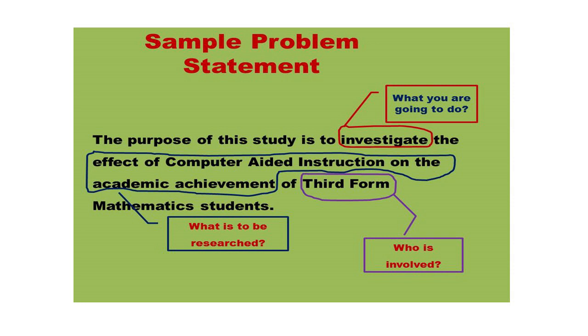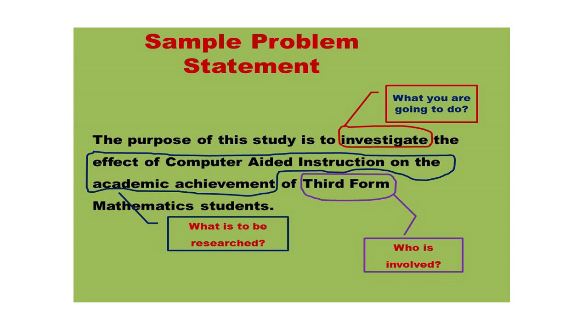Let me just read this clearly for you. The purpose of this study is to investigate the effect of computer-aided instruction on the academic achievement of third form mathematics students. So in the word investigate, we got to know what you are going to do.